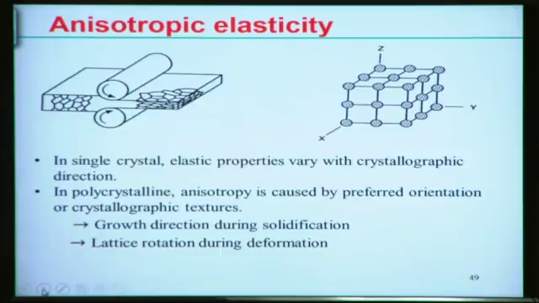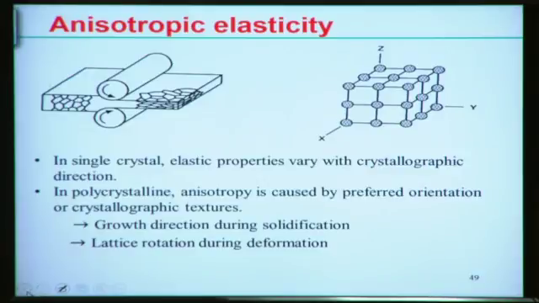So from where does the anisotropy come practically? First thing is that in a single crystal, the elastic properties vary depending upon the crystallographic directions. Last class we discussed these things.